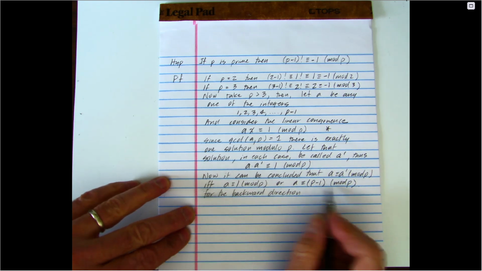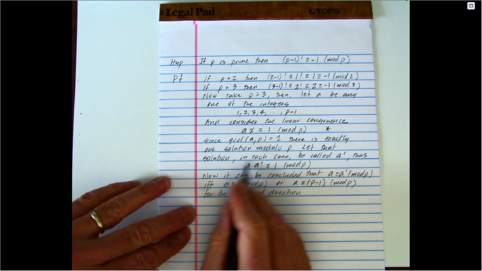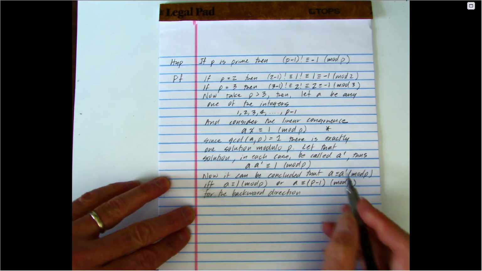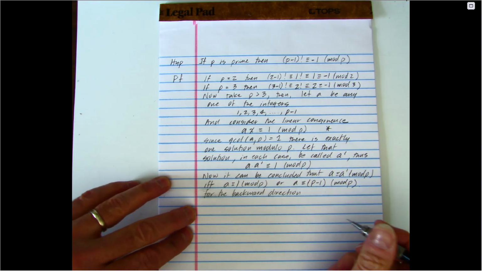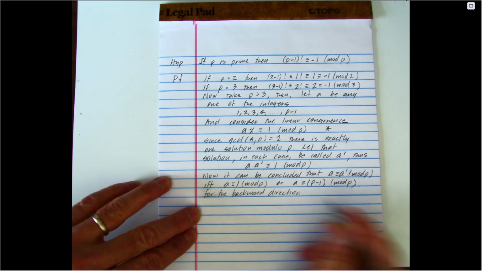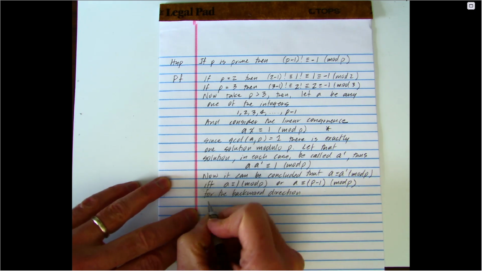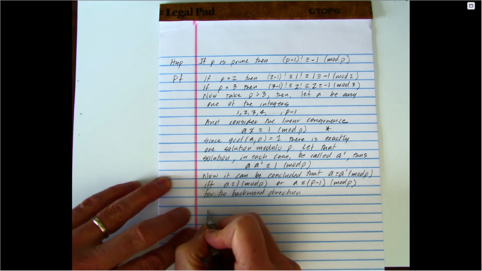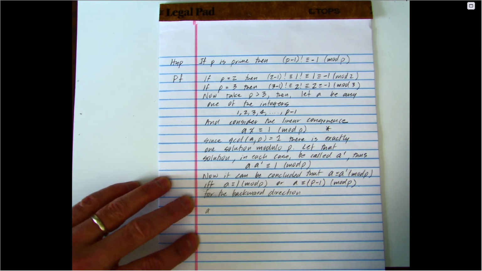For each one of these choices, we want to show that it results in A and A prime being equal. So let's see what happens if I choose A equal to 1.